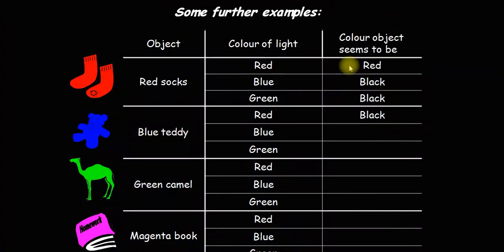Now we can use the idea of what we had before to complete this exercise. It's a simple one. You can pause the video and try to see how many of these you can solve. But notice that a magenta book will reflect two colors. A magenta book is going to reflect blue and red.